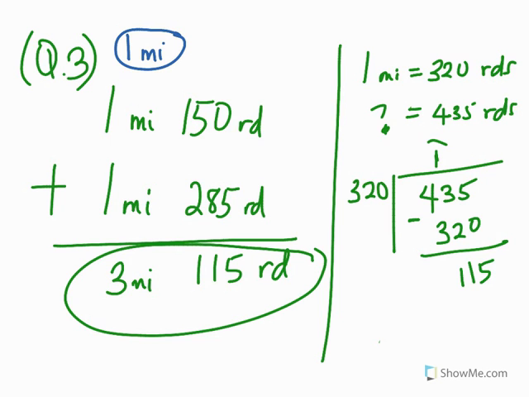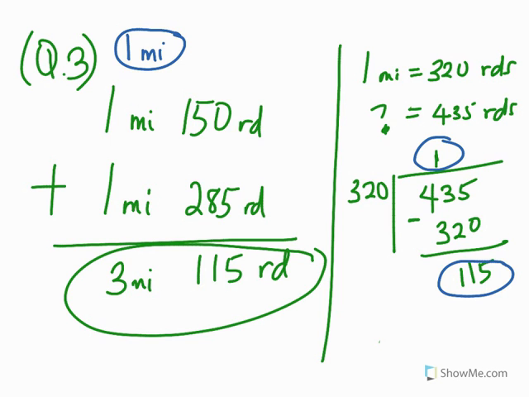Now this one means 1 mile. Let me use another color. 1 mile, and then this 115 means 115 rods. So that's another way to look at it. Now, another way to look at it is going through the division process, and you get a decimal, and then you pick the integer part.